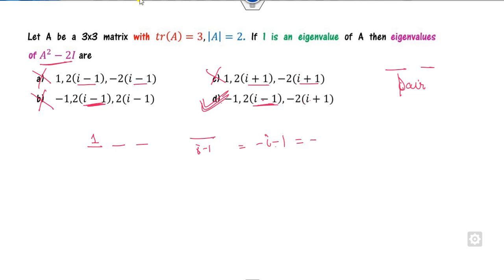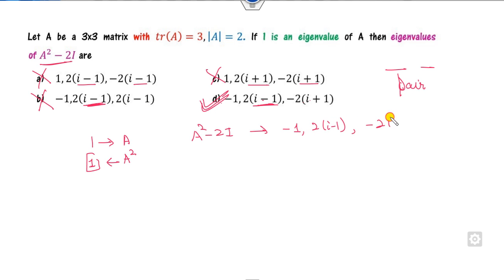Moreover, another way you can think about it: as 1 is an eigenvalue of A, what is the eigenvalue of A squared? Also 1. So if A squared minus 2 has this eigenvalue, then what is the eigenvalue of A squared?